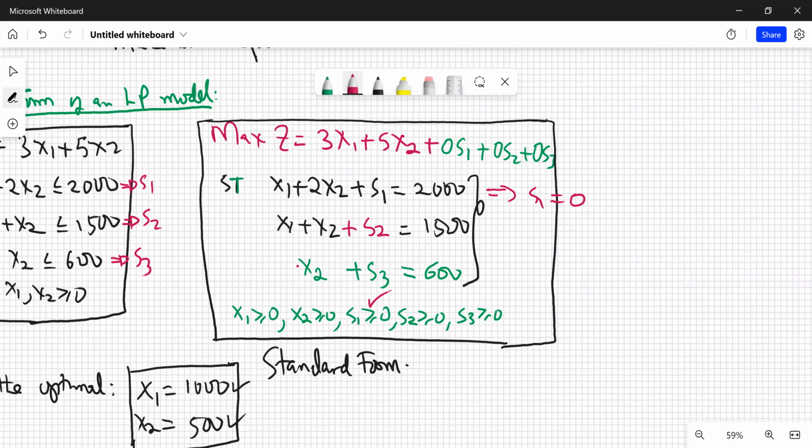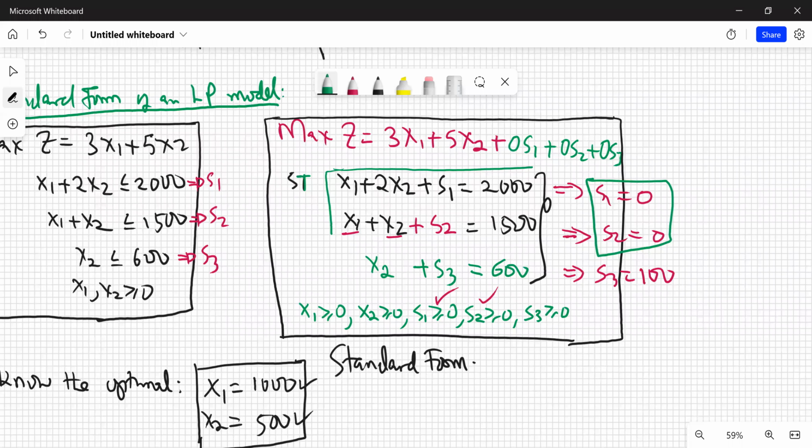Now, if the value of the slack or the surplus is equal to 0, like in these two cases, it means that the two constraints that are associated with those slacks or surpluses, the ones that gave us this, are said to be binding constraints.